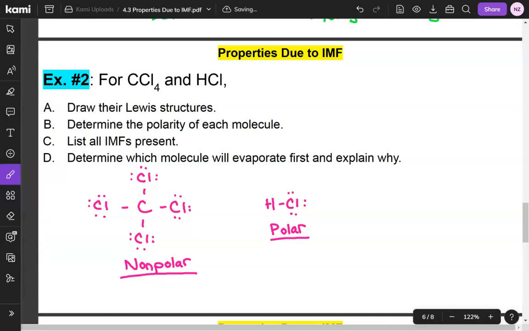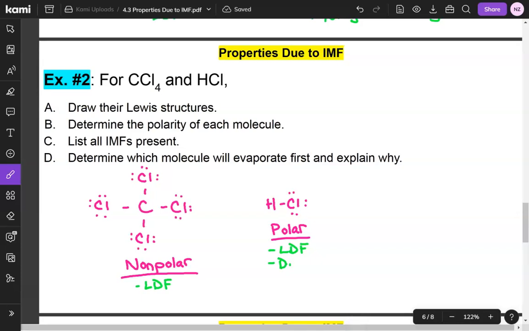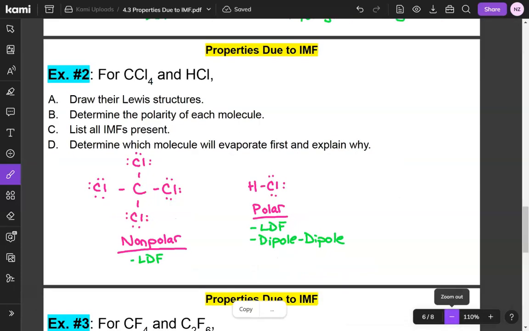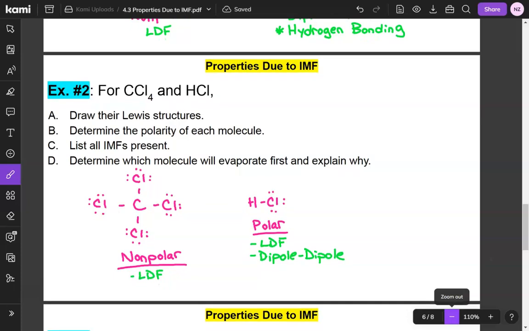Our first one, our carbon tetrachloride, is nonpolar, therefore we'll only have LDF. HCl, hydrochloric acid, is polar, so it will have LDF, and it will also have dipole-dipole. Do we have one of the bonds needed for hydrogen bonding? The answer is no. So we are going to stop here.